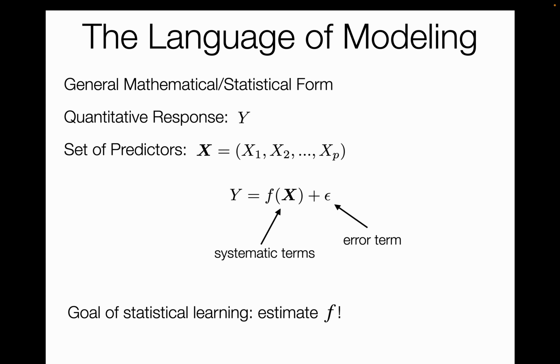Now, the thing in the background, I guess, is that you'll never really know. Well, statisticians believe that you'll never really know f. f is going to be unknown. You don't know the real relationship.